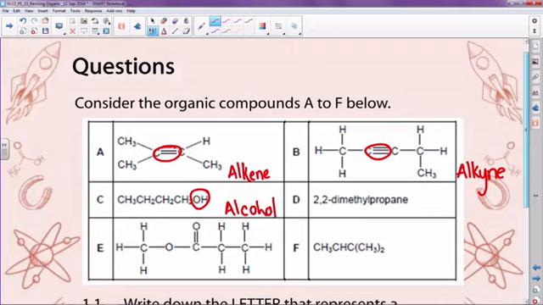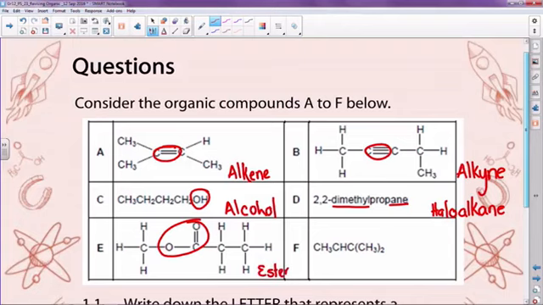This is 2,2-dimethylpropane. That makes it a haloalkane. Apparently, I've lost the ability to speak today. Let's not tell anyone. Then we look here and we go, oh wait, this has got the special one with the carbon in the middle. That makes this an ester.